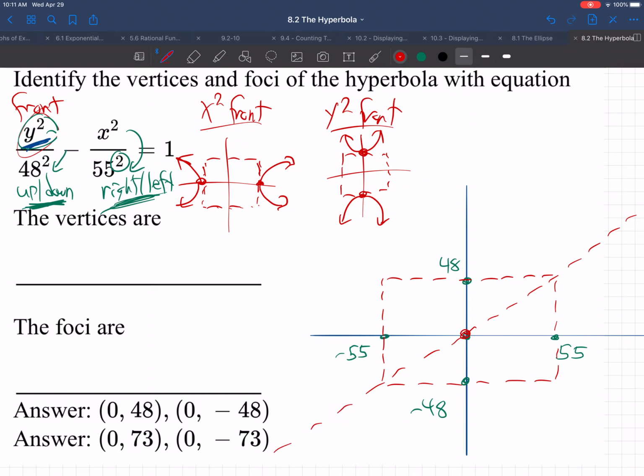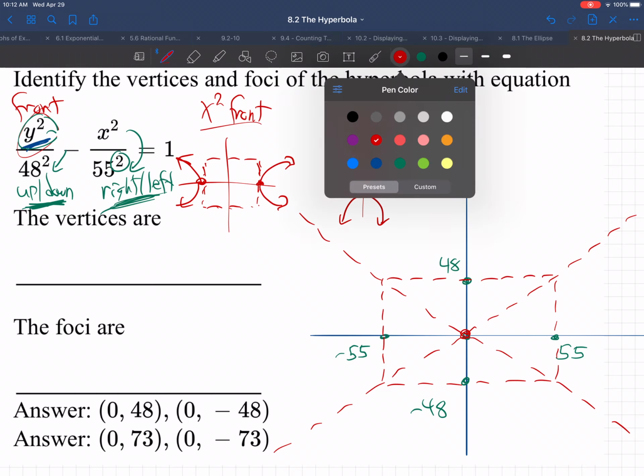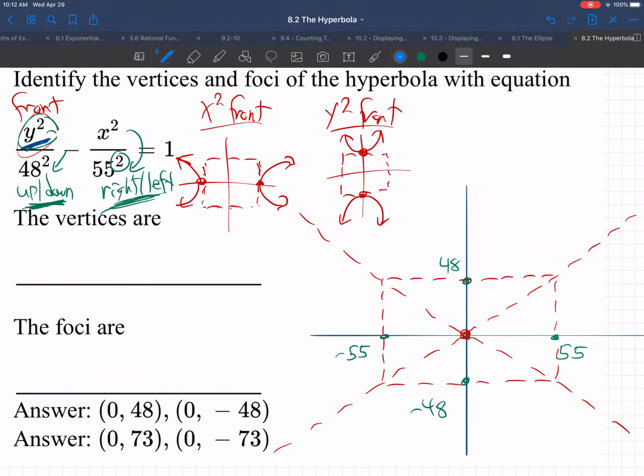Those are going to be the guidelines for the graph. Now, coming back, where do the branches go? We have y squared in the front, so the branches are going to go up and down from the middle. So from right in the middle of the box, up, and from right in the middle of the box, down, getting closer to those guidelines, those asymptote lines, forever.